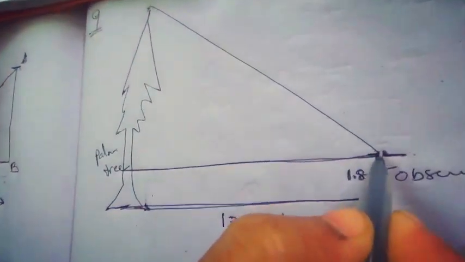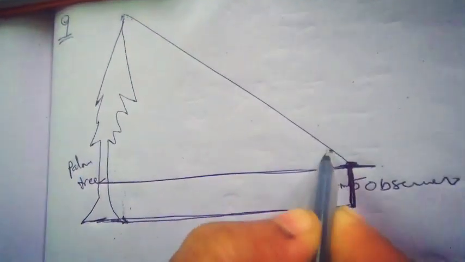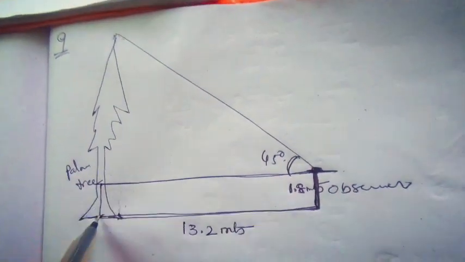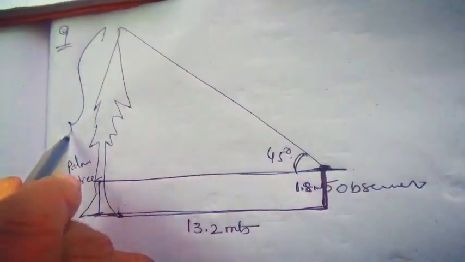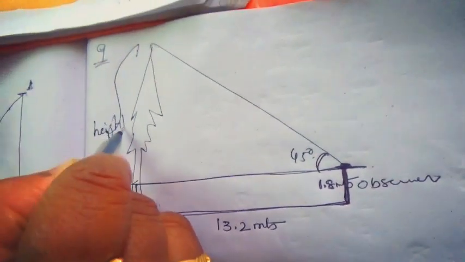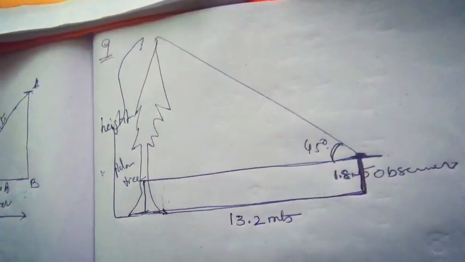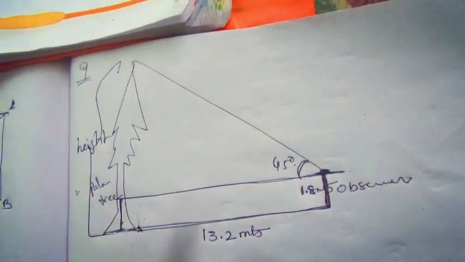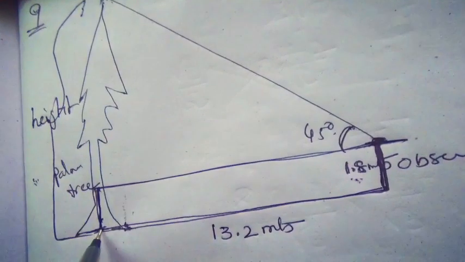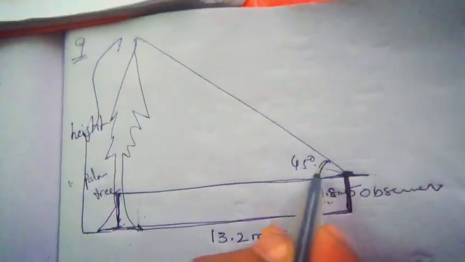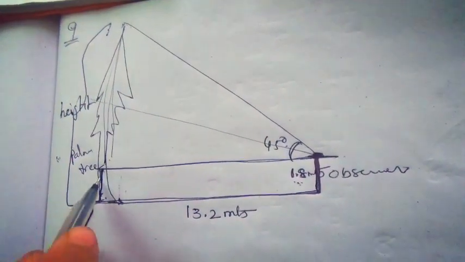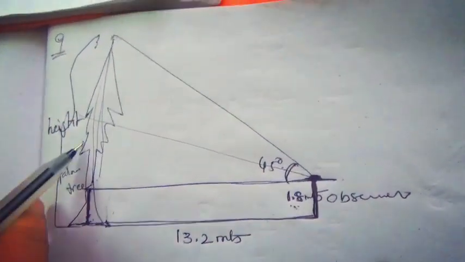So from the eyes, 45 degrees, we have to find the total height of the palm tree. Only this height we know, 1.8 meters, that is the observer's height. So we have to find this height, and then add this 1.8 to it.